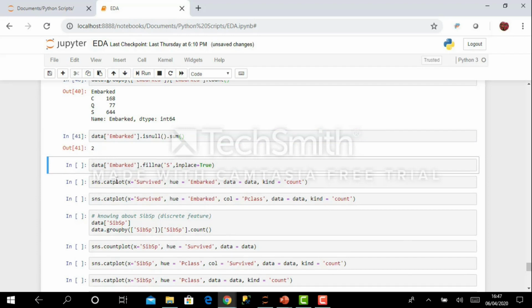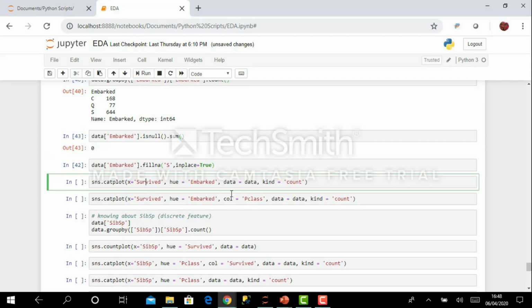As there are only 2 records, and most of the records have the value S, I'll just replace these null values with S. This is the fillna functionality, which will replace the null values with this value. Let us execute this. Fine. Now if you execute this, you will see 0, so no null value is present now.